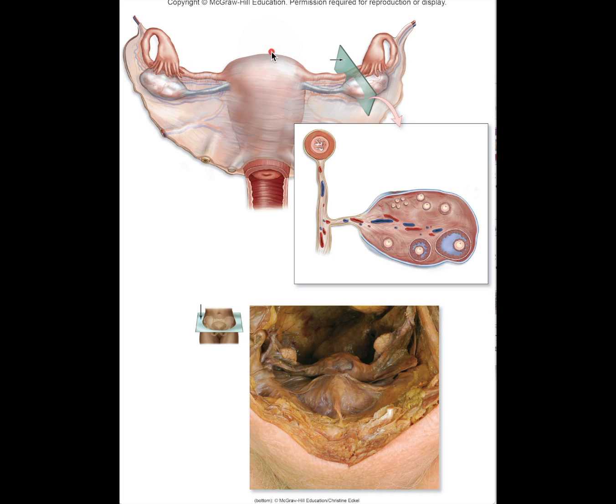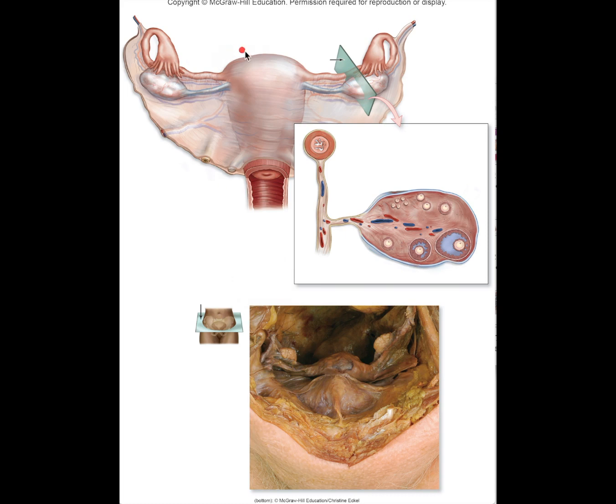And the fundus is important clinically. It's used as a measurement as a pregnancy progresses. An obstetrician or midwife or nurse practitioner will measure from the top of the fundus down to the pubic crest, and they'll measure it in centimeters, and it usually correlates with how many weeks along the pregnancy is.